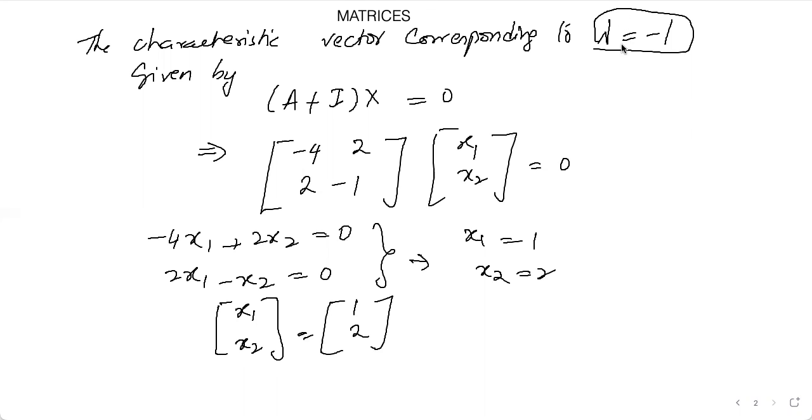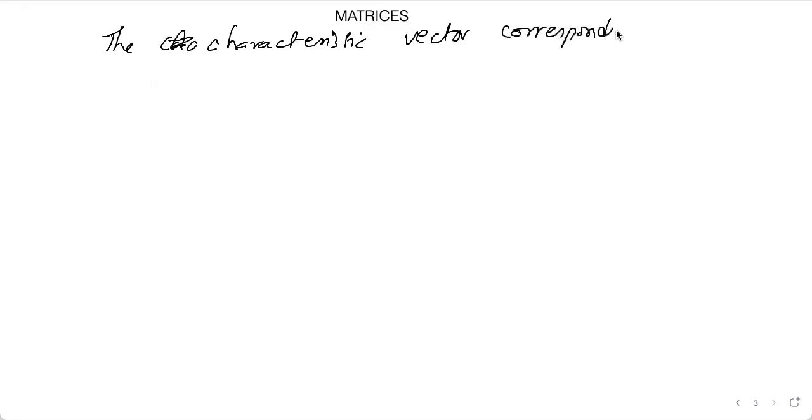So let us find the characteristic vector corresponding to lambda, which is minus 6, okay, which is given by A plus 6I.